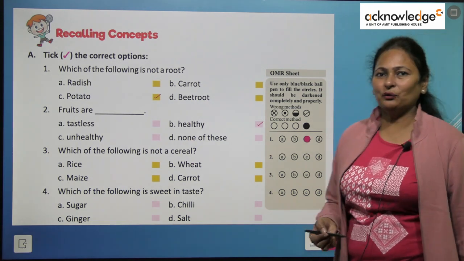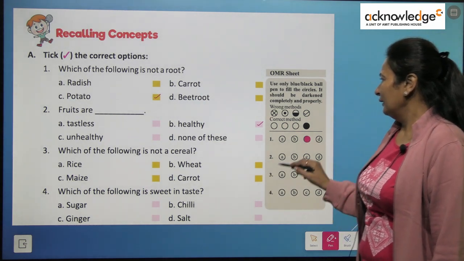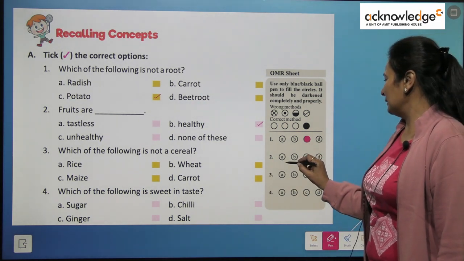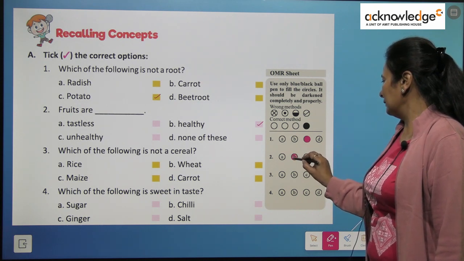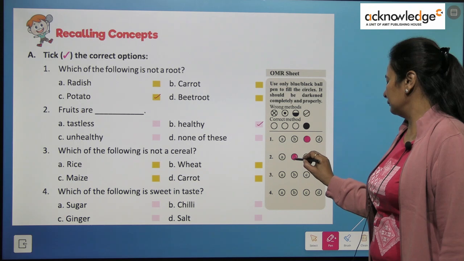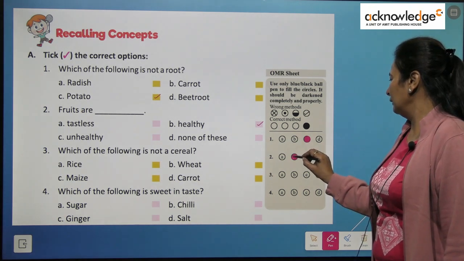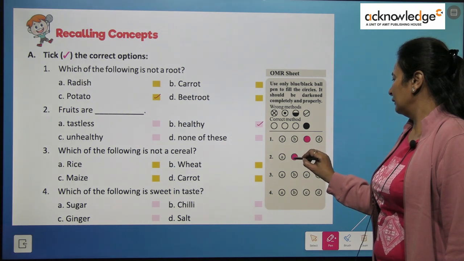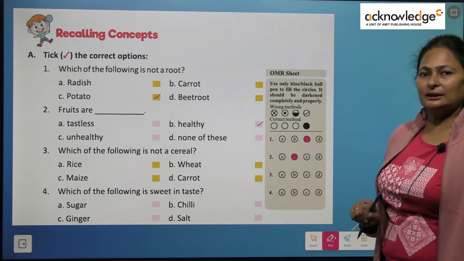So in this way, you will fill according to the answers. Like second, we have checked B. You can fill this circle B. Okay? Needs to be filled properly. Alright. Okay? So move on to the third one.